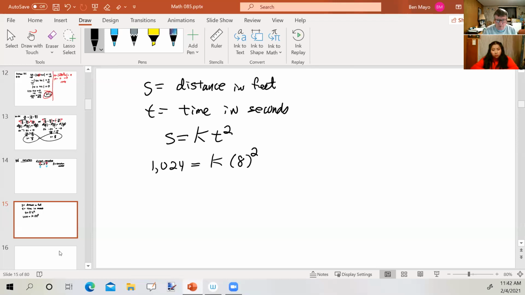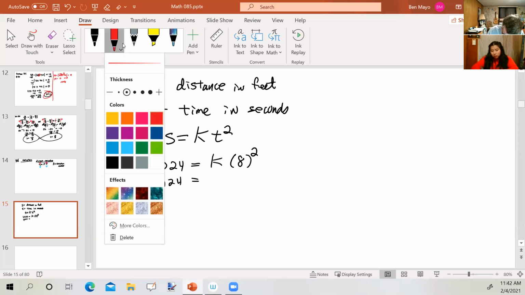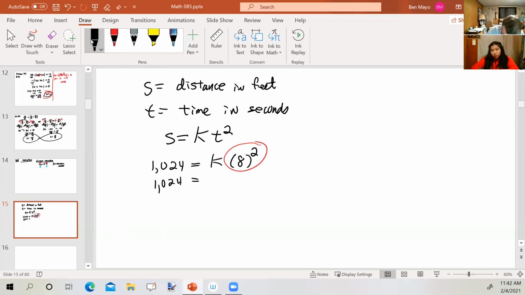Well, this initial information, the 1,024 feet and the 8 seconds, will allow us to determine what K is. 1,024 equals 8 squared, which is 64, so I get 64 times K. I'm going to divide both sides of the equation by 64.